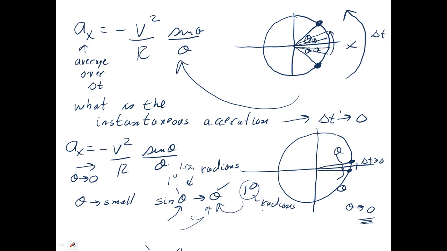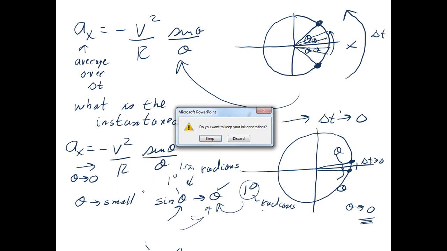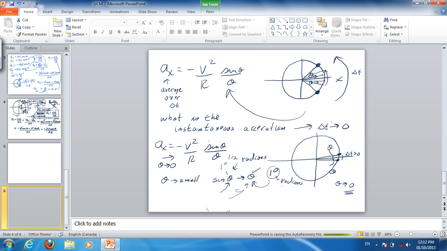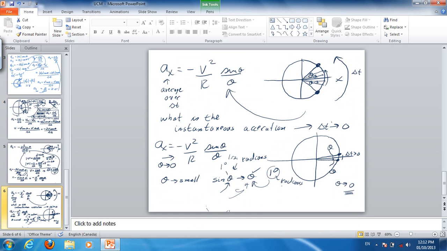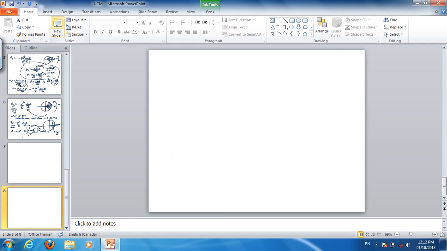What that means, again, if I go back, let's insert a new slide. And here we are, so we have a_x is equal to minus V squared over r, sine theta over theta.